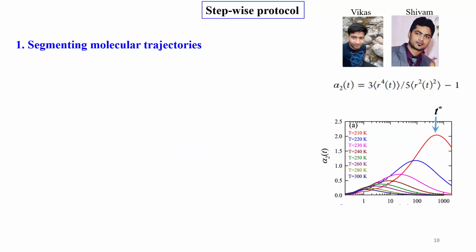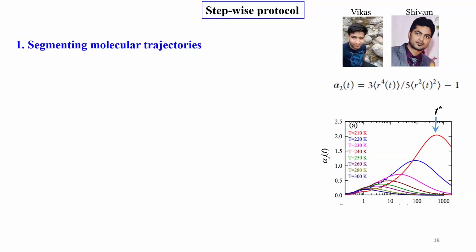This is what happens in the glass literature. So T-star will be the onset of linearity, the crossover between the subdiffusive regime and the linear regime. That means linearity will be above T-star, not below. Exactly.